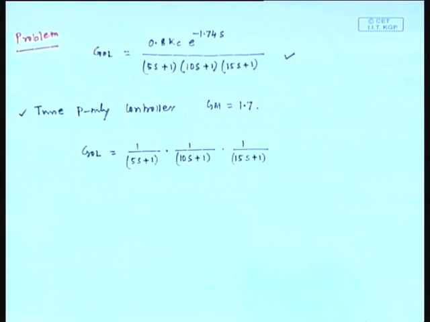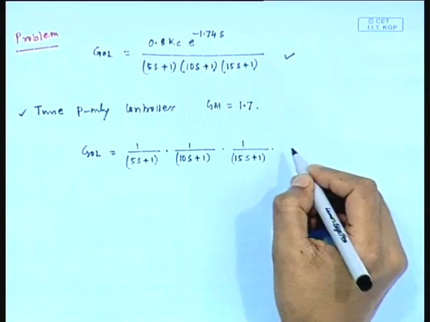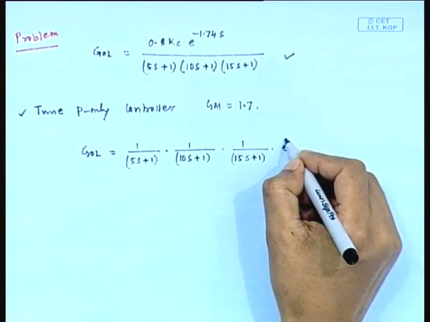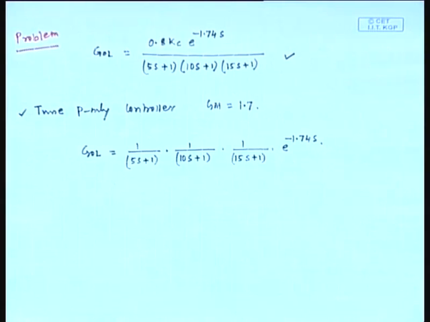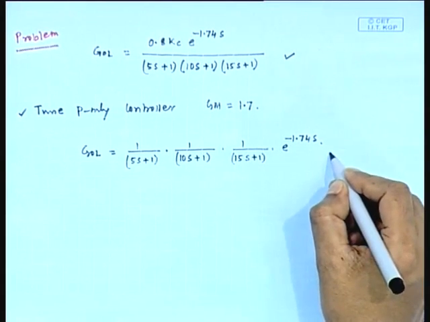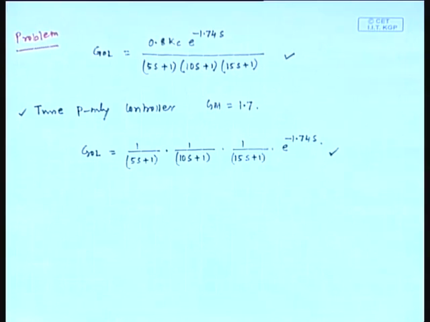So, 3 first order systems connected in series. Next part is the dead time part. Fine. We can rewrite the open loop transfer function in this form.